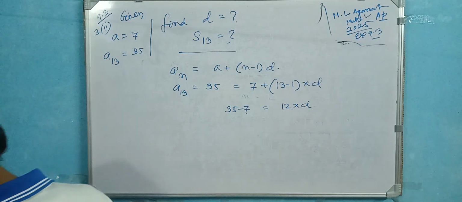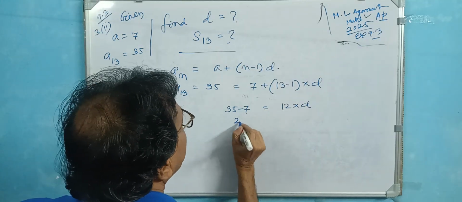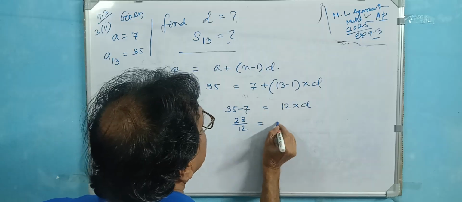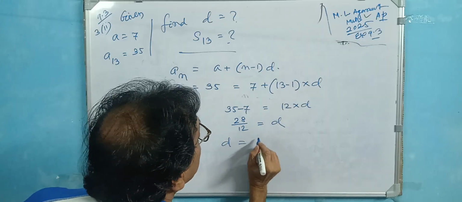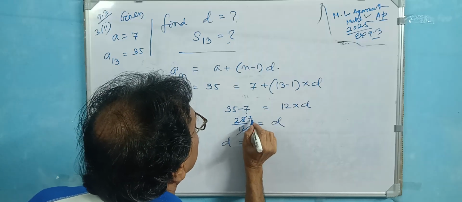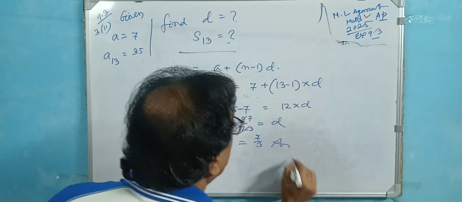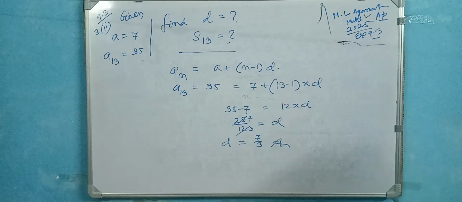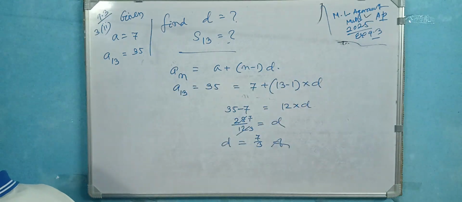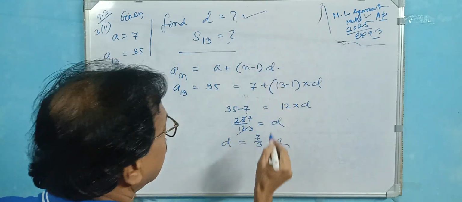So this is 28 by 12, that is d. So what is the value of d actually? This is 7 by 3. d is 7 by 3. Is it clear? d is 7 by 3.